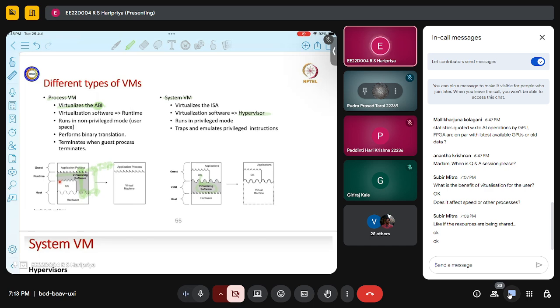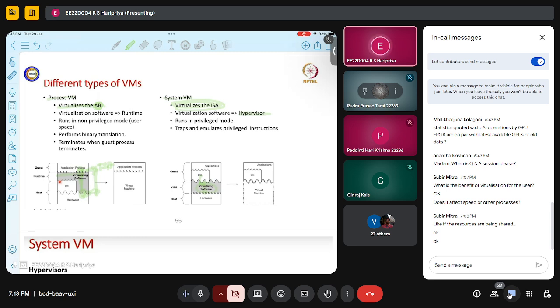Now, system virtual machines are virtual machines which virtualize the ISA itself. So while the process virtual machine is virtualizing the ABI, in the system level virtual machines we are virtualizing this ISA itself. So ISA means the underlying interface between the OS and the hardware.